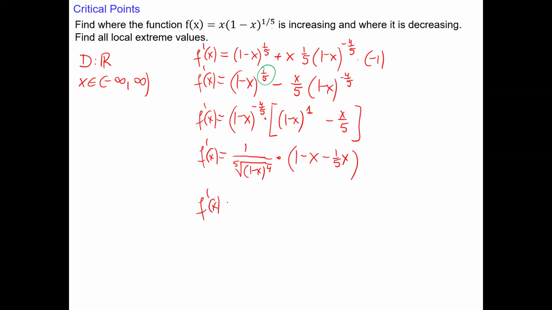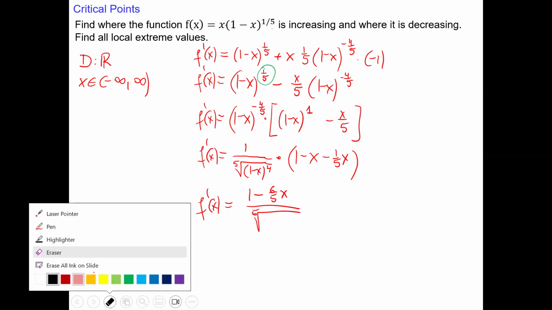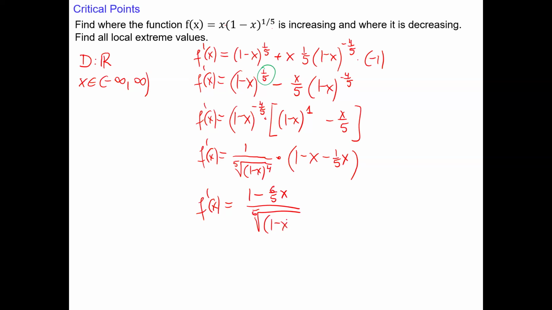Then it will be 1 minus 6/5 x, and this quantity we can put in the numerator over the denominator. Beautiful. This is the derivative.